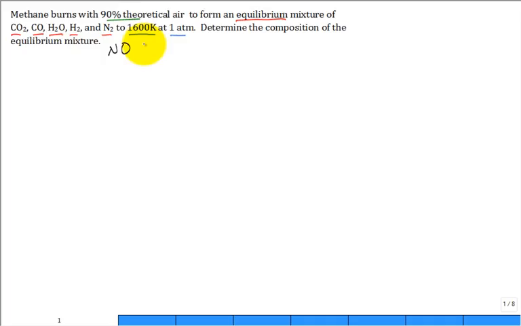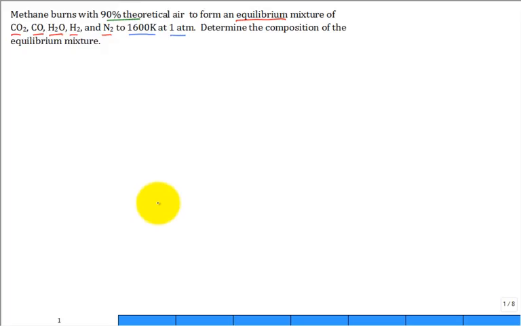But this is a made-up problem, and they're basically saying these are the only components in the equilibrium mixture. There's no NO, there's no H2O2 or whatever, there's no CH4. It's only those things. Okay. So now we know what we're solving for and a little bit about the terminology of equilibrium mixture going out.